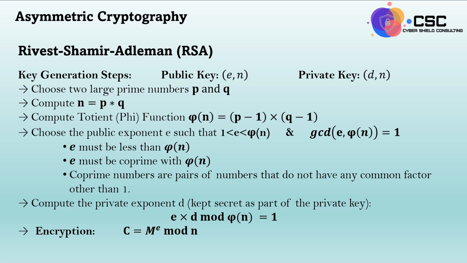When the intended recipient receives the ciphertext, they use the private key d and n to decrypt it. The decryption formula is C, which is the ciphertext, raised to the power d, which is part of the private key, mod n. This restores the original message M, ensuring that only the authorized recipient can read it.